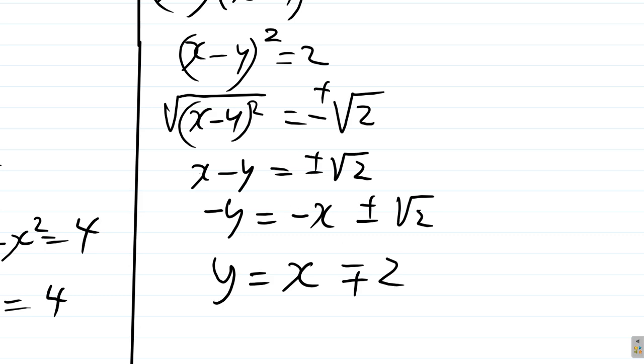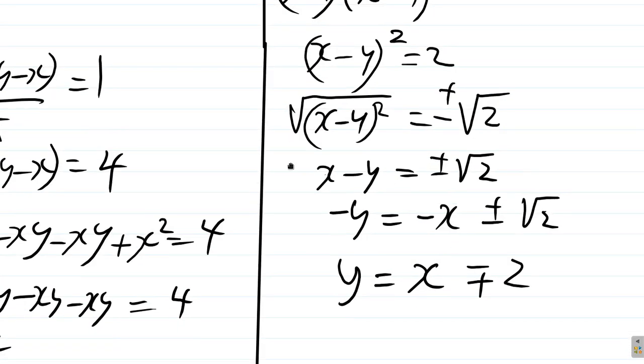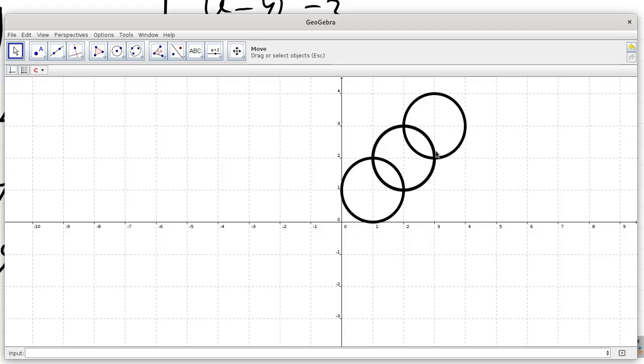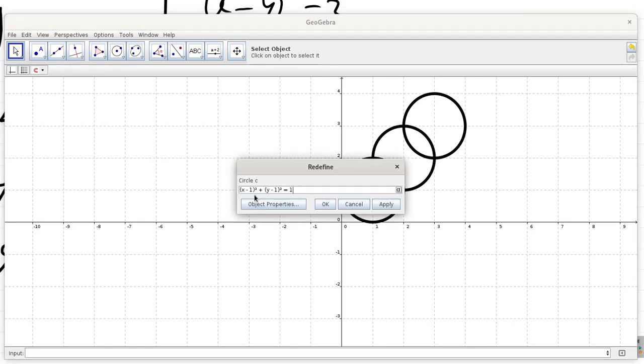Now let us see how this works. We see here in GeoGebra, we have 3 of the circles already. These are x minus 1 squared plus y minus 1 squared equals 1.